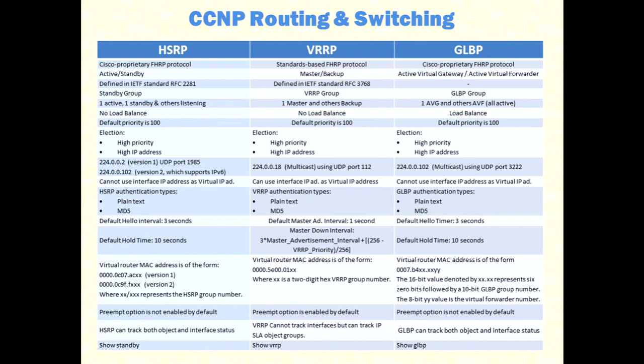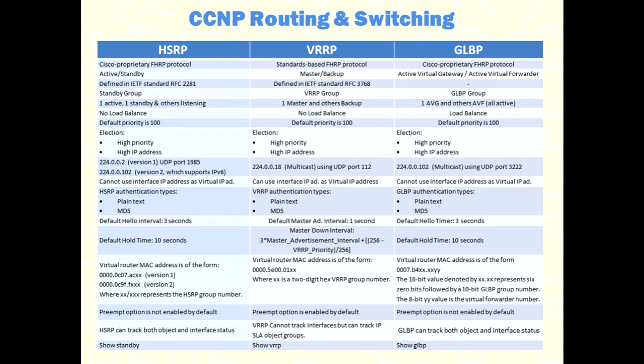Regarding the virtual router MAC address, it is of the form 0000.0C07.ACXX in version 1. And for version 2, we have 0000.0C9F.FXXX, where XX or XXX represents the HSRP group number.